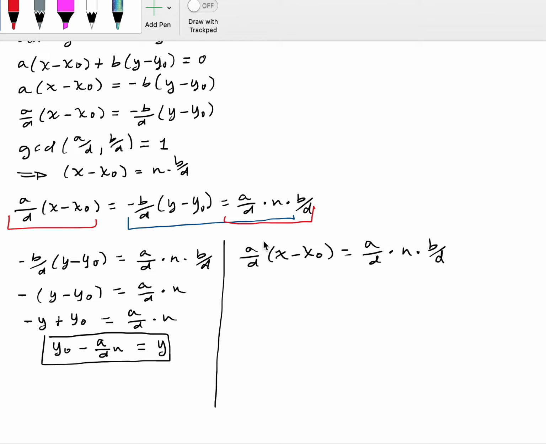In this case, we're going to divide by a over d on both sides, obtaining x minus x naught, which is equal to n times b over d. And if we solve for x, we get the result x naught plus n times b over d. We just found the general solution for x.